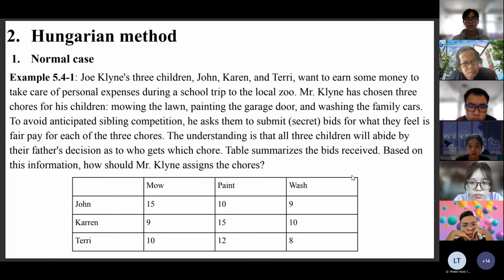It means that, for example, John has to bid, he has to pay 15 to maybe do the mold job. John has to pay 10 to do the pen job, and so on with the rest of the table. In the assignment problem context, we can just understand them as the cost c_ij.